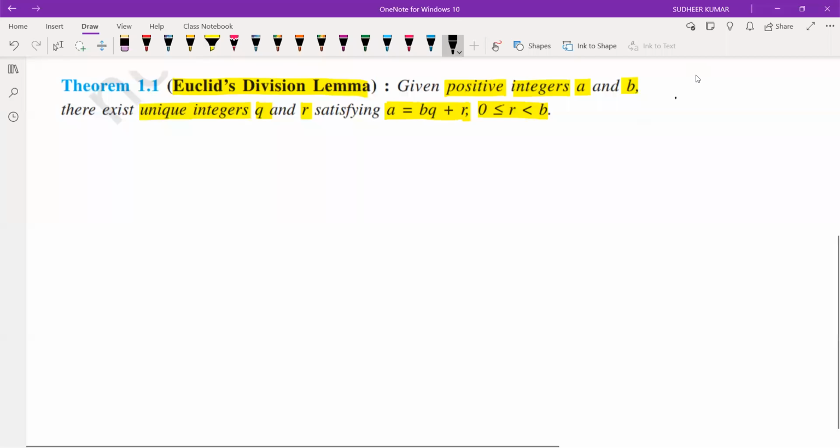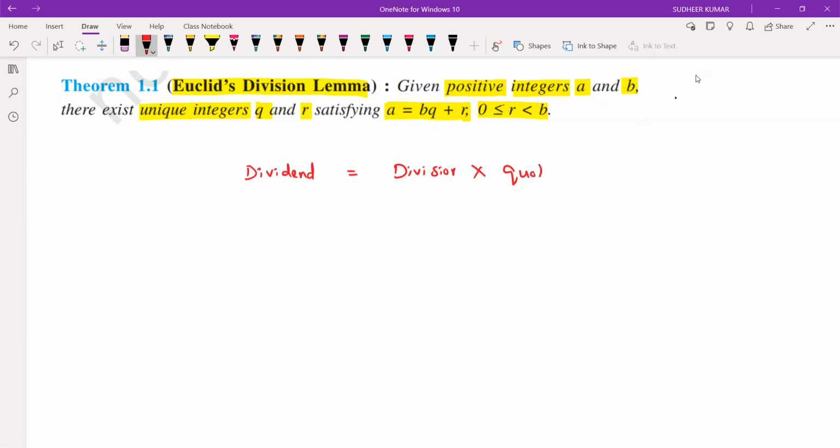To understand this a equal to bq plus r, let us recall the division algorithm. In the previous classes you learned: dividend equals divisor into quotient plus remainder.